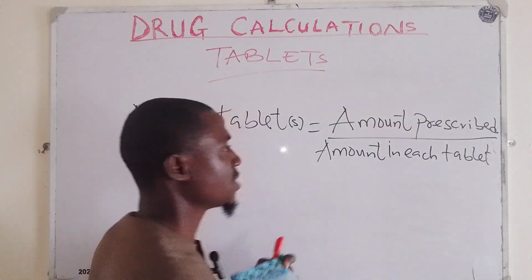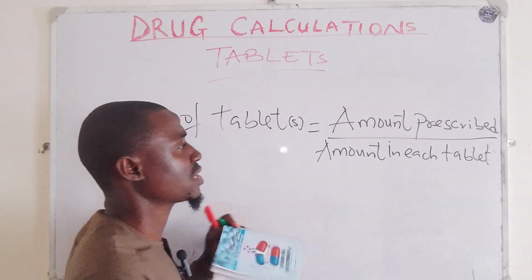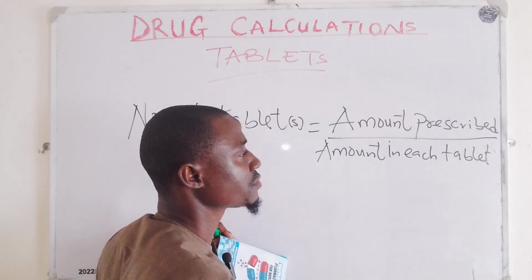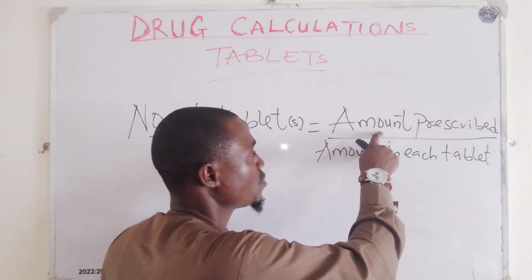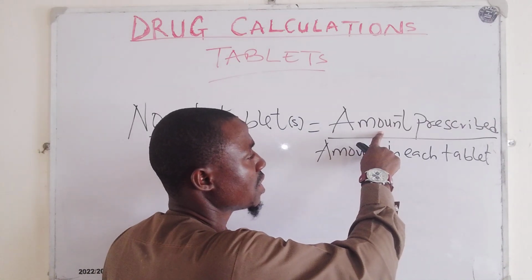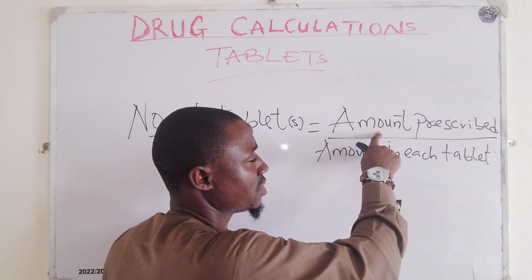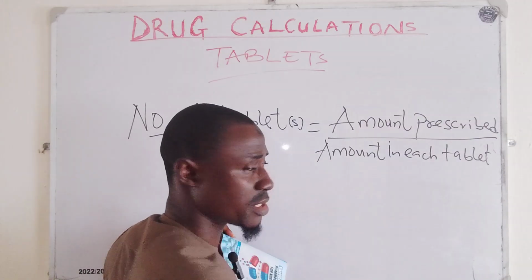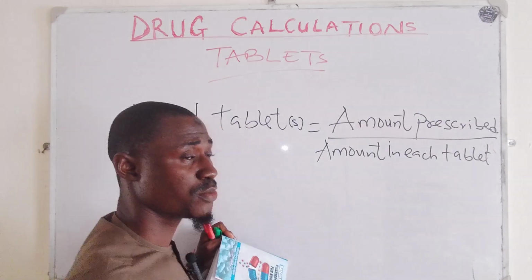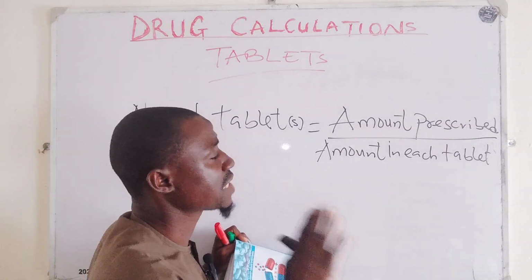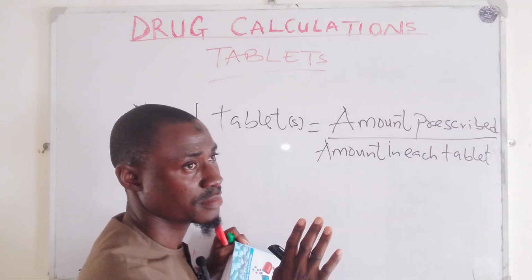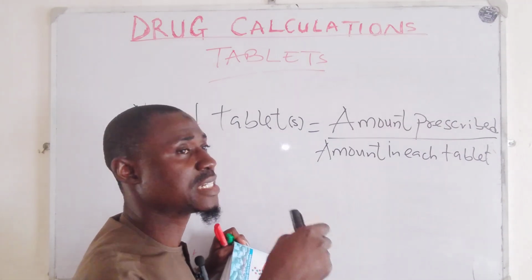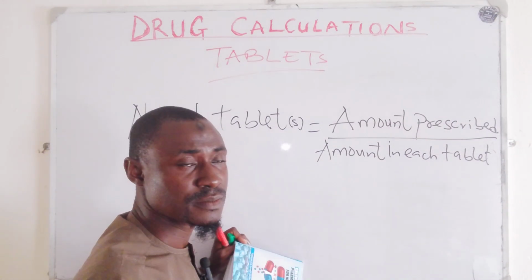So if the patient has been prescribed 250 milligram, of course, we are going to put the amount prescribed here as the numerator. Then the denominator is amount in each tablet. I've just shown you a few minutes ago, each tablet you pick, the amount is already written at the back of that tablet.